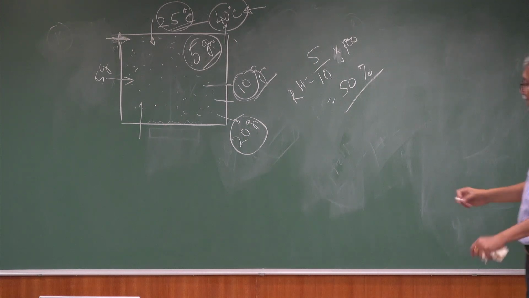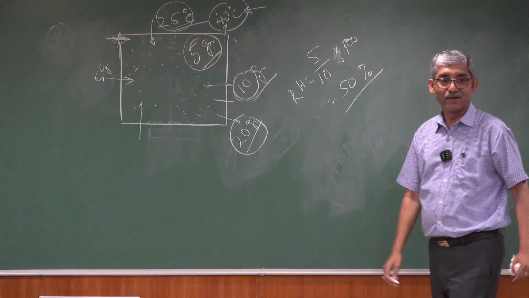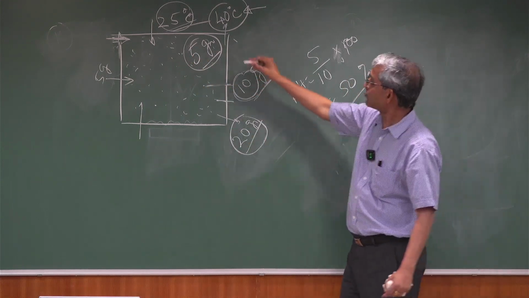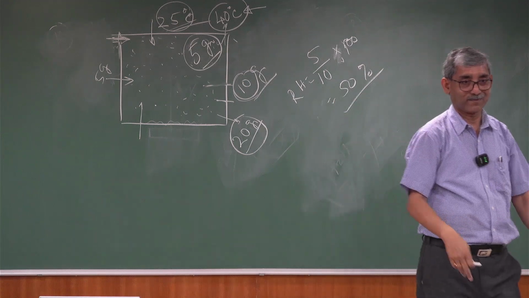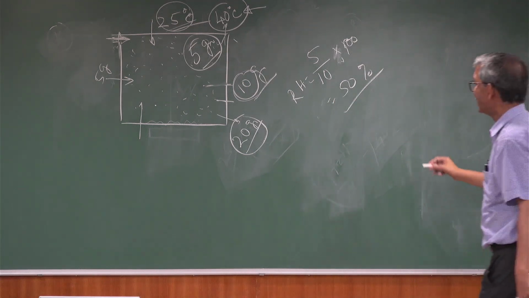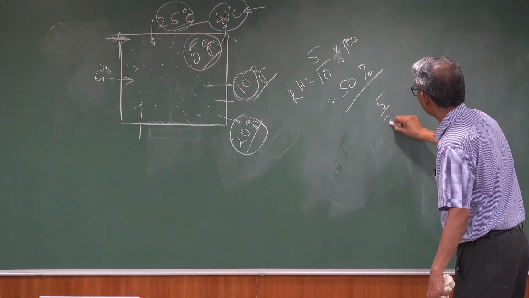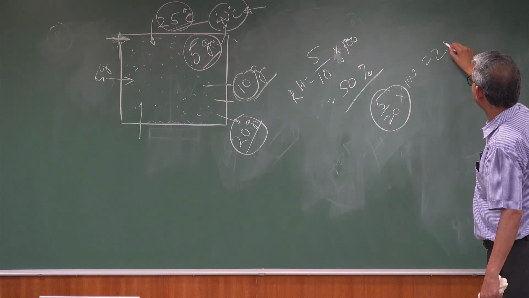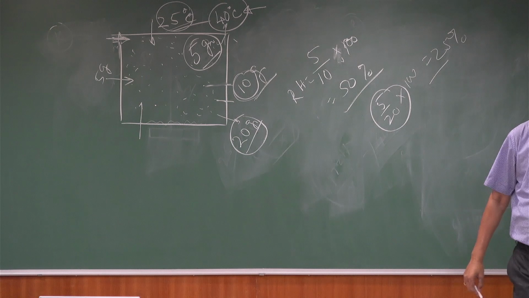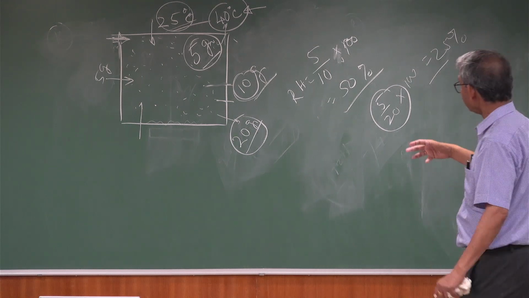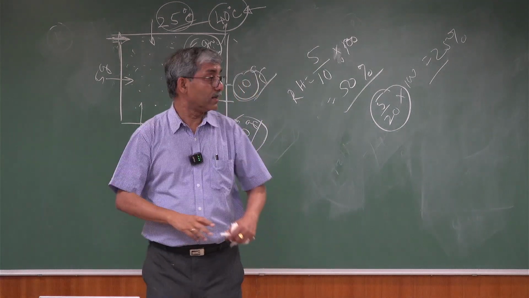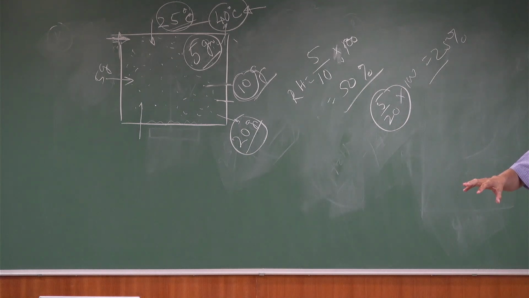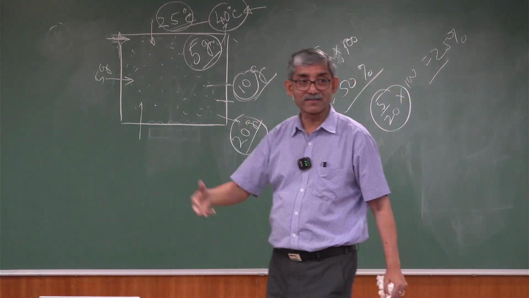So although absolute humidity is the same, 5 gram per cubic meter, relative humidity has changed to 5 by 20, 25% again. So absolute humidity is not that important. Your relative humidity will actually affect the characteristics of the material.